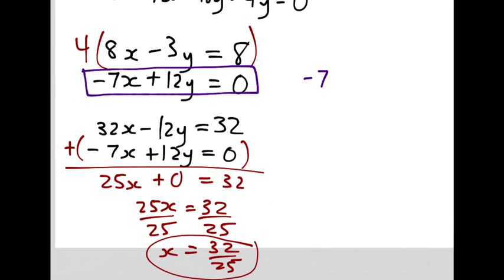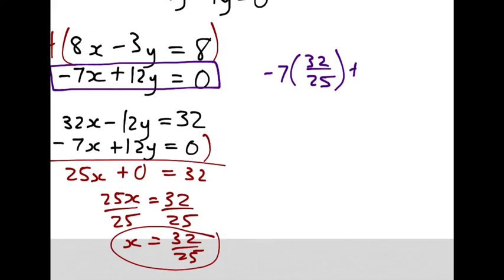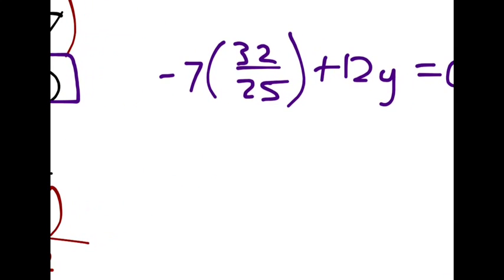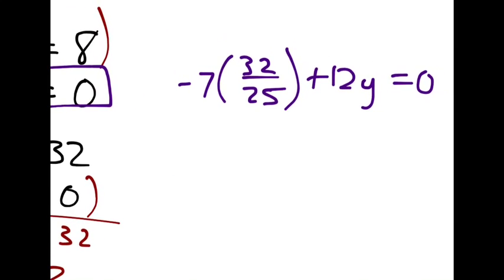So negative 7 times our value that we found for x, 32 over 25, plus 12y equals 0. How do I multiply a whole number by a fraction? You times by the top. Right? Good. So negative 7 times 32 is negative 224.